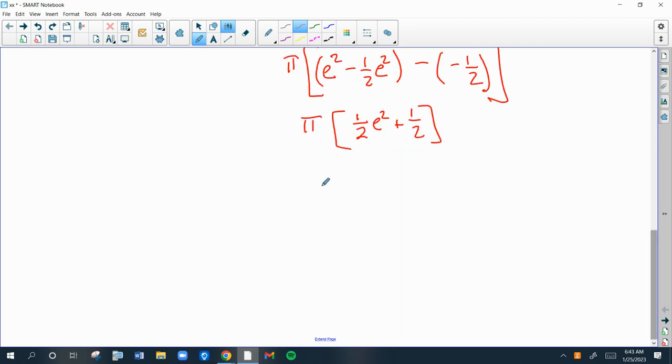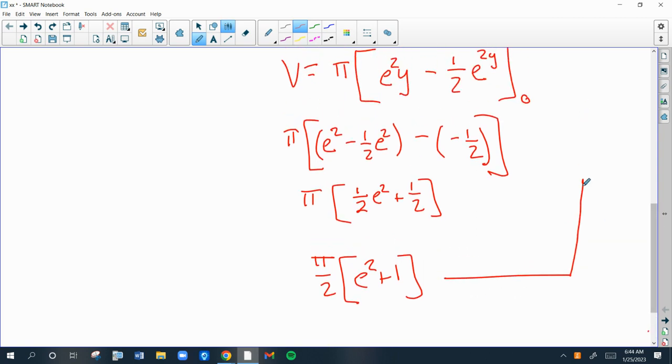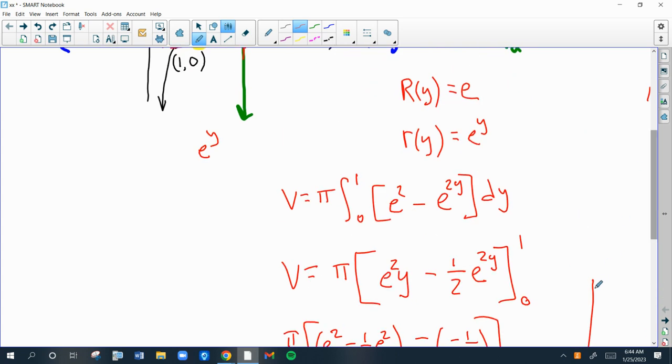Obviously, you can factor out 1/2, so I have pi over 2, and you're left with e squared plus 1, which is beautiful, because when I did this with the shell method, I got pi over 2 times e squared plus 1.